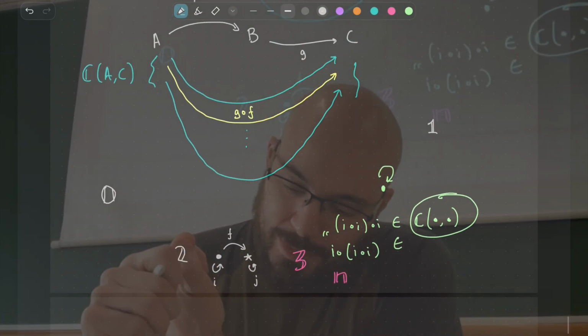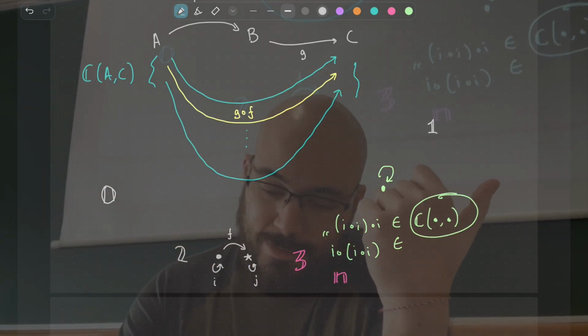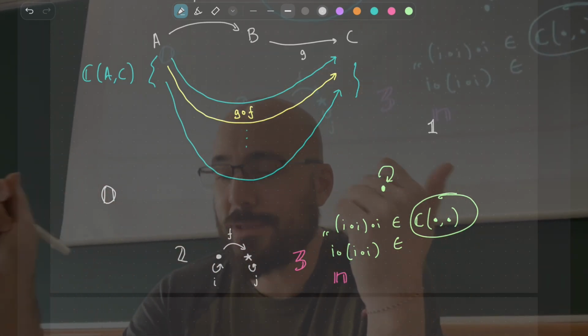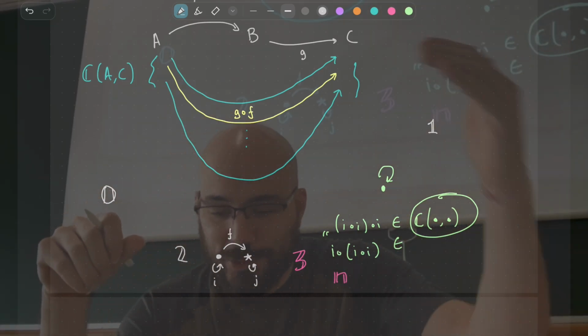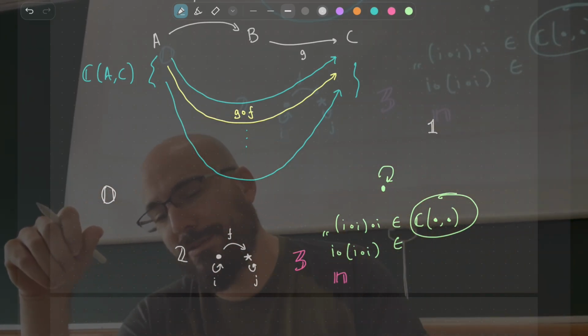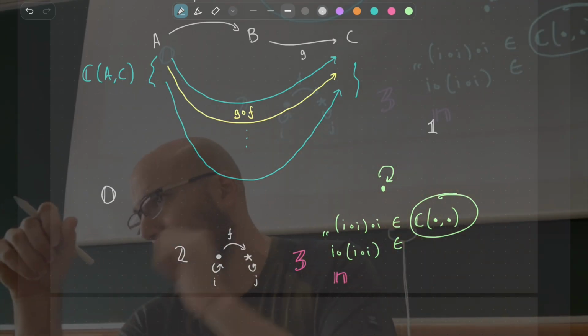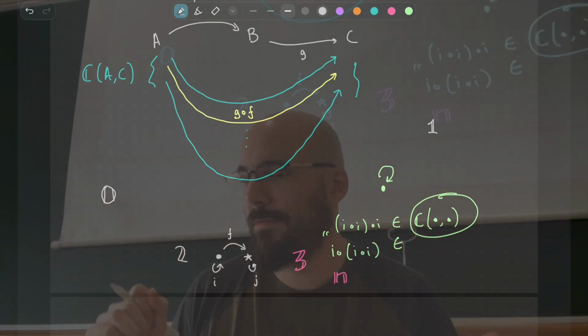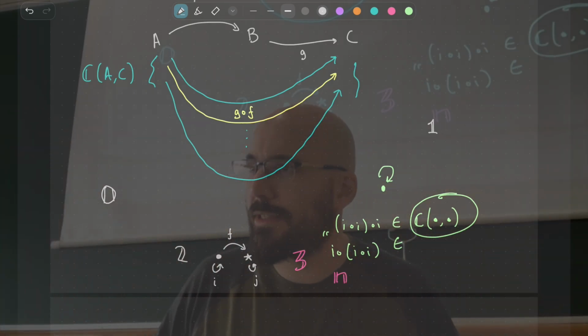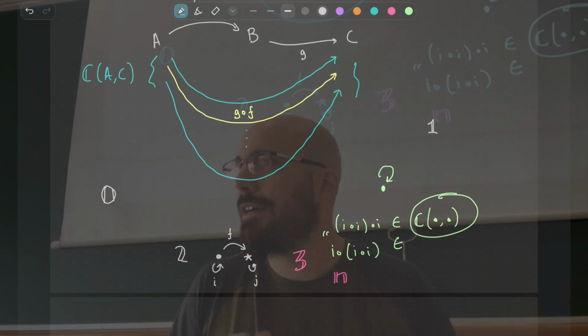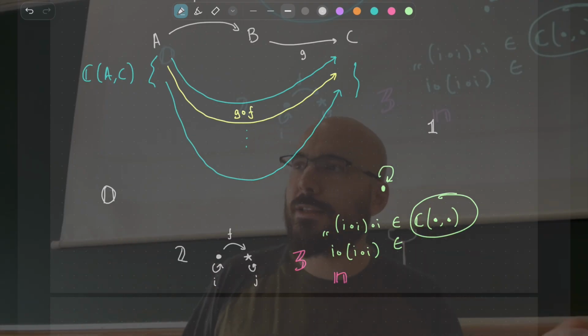So I told you what a category is, and Raphael asked something very important, because I was telling you that I don't know what you're talking about until you give me the definition of how you go from a group to a group. I don't know what group theory is. I know what a group is. The moment you say the homomorphisms are this, I know what group theory is. And you asked me, in the break, will we have something from a category to a category?